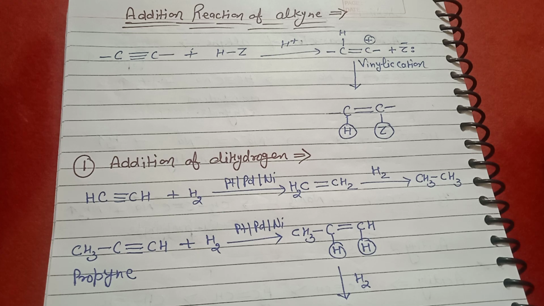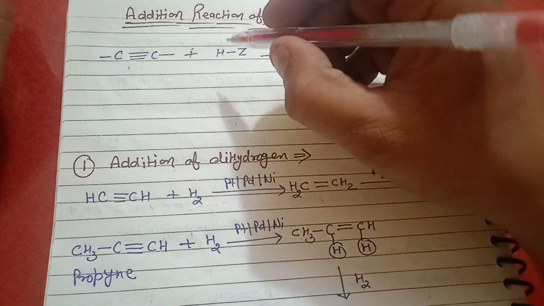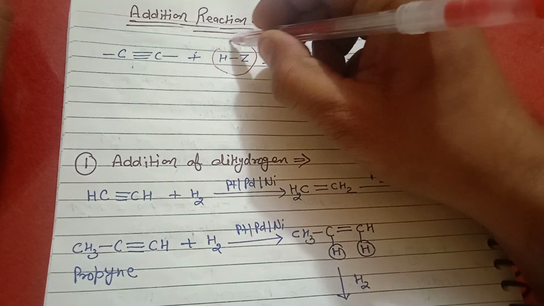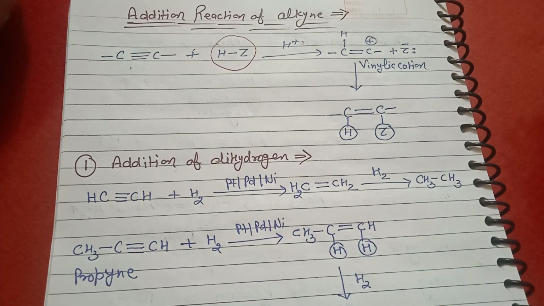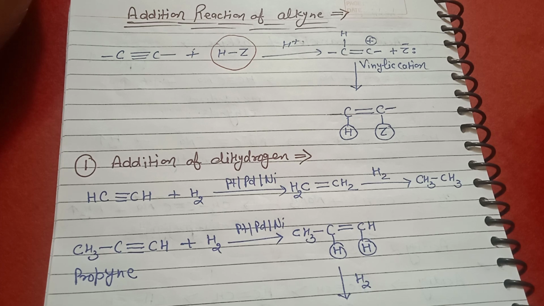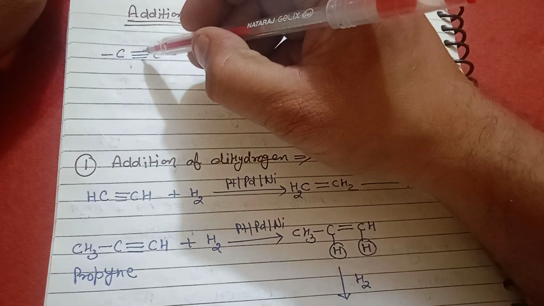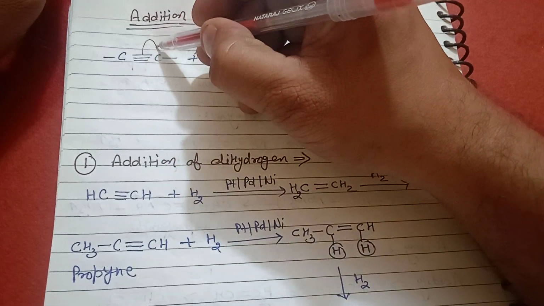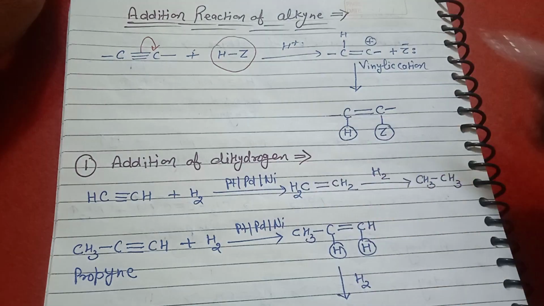In acidic medium, first the alkyne carbon-carbon triple bond is broken. HZ means a reagent, so it breaks into H positive and Z negative. This H positive is attached to the alkyne due to first heterolytic cleavage.